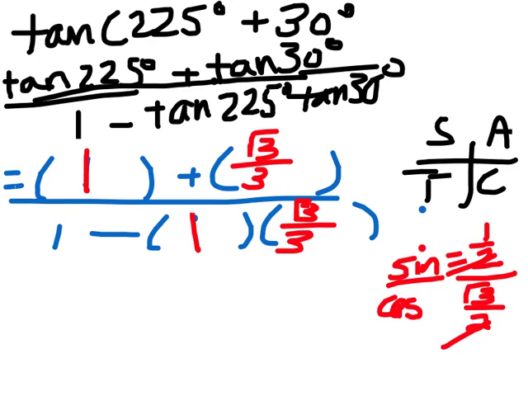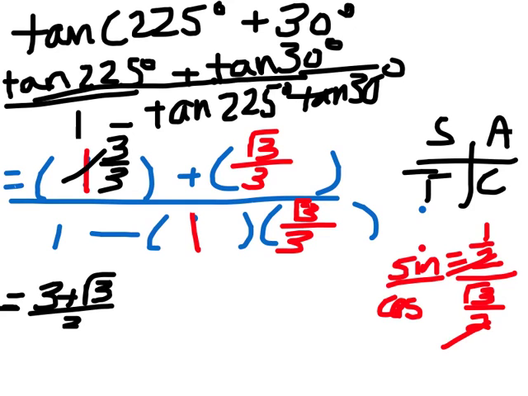I'm going to do the tangent of 225 degrees plus 30 degrees. Okay, so we filled in our values. We're running short on time, so we just did that off. If I get a common denominator on the top, couldn't I rewrite that as 3 over 3 on the top, so it would be 3 plus square root of 3 over 3?